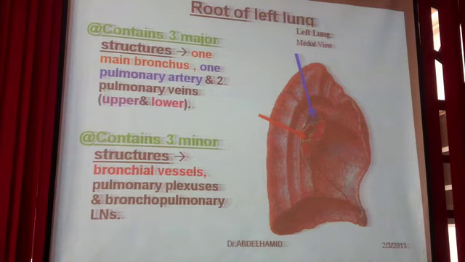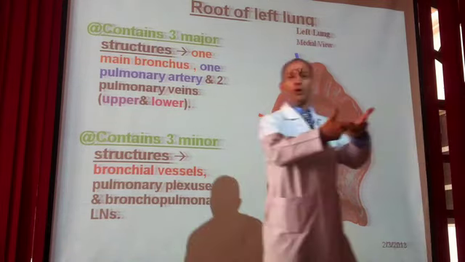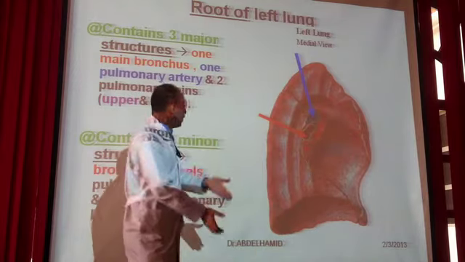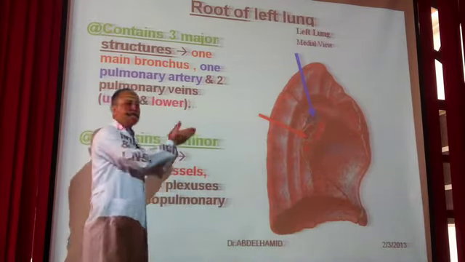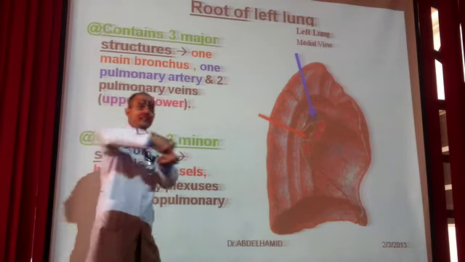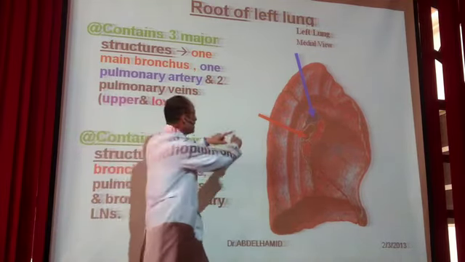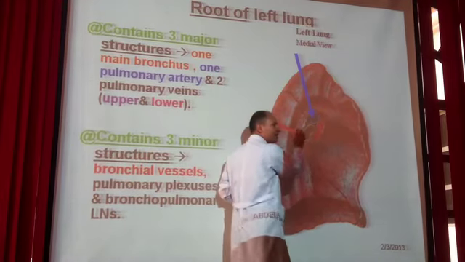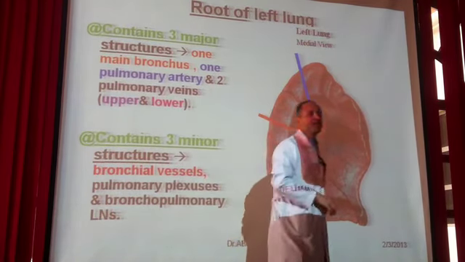What is the root? What is the hilum? The structures are the same, but the hilum is the area through which the structures forming the root run. So the group of six structures, the three major and three minor, this block is named the root, but the area passing through it is named the hilum. Hilum of the lung. Thank you very much.